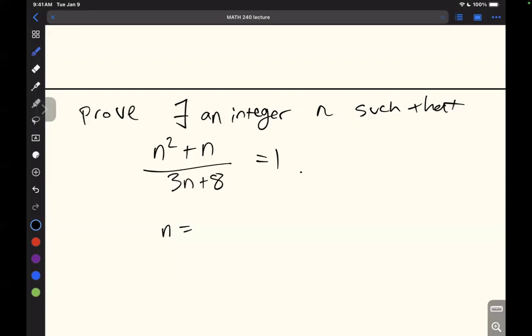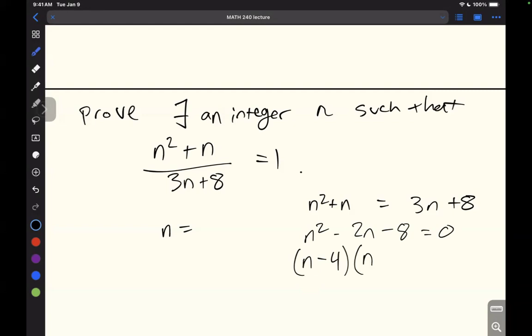Right. You get it? Some people still working. I'll give you a second. Then we can factor it, n minus 4 times n plus 2.